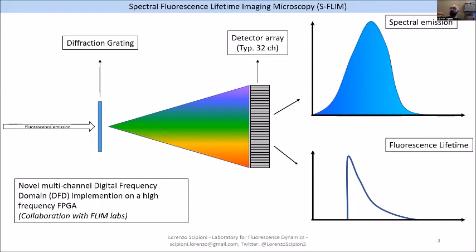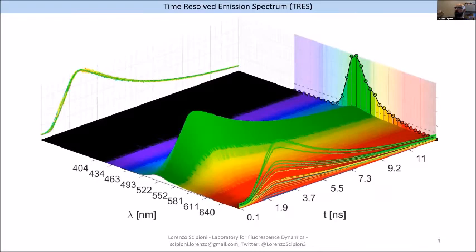So now, when you think of an image, you think of a bunch of pixels, and every pixel will have some value, right? Ranging from 0 to whatever. Actually, we don't have one value, but we have a matrix in each pixel that describes both the emission spectrum in this direction, sampled in 32 points, and the fluorescence decay sampled in 256 points.